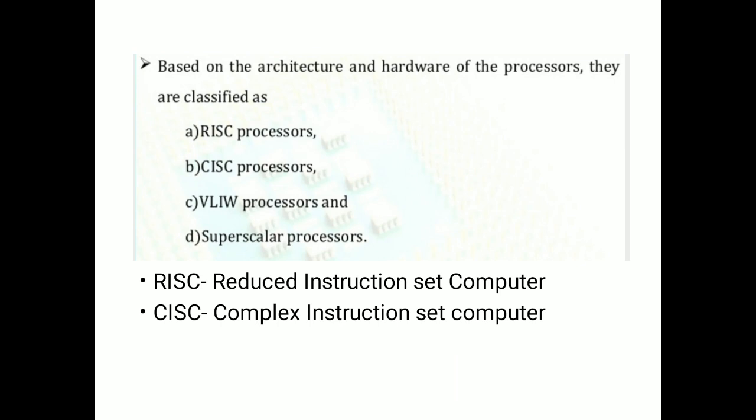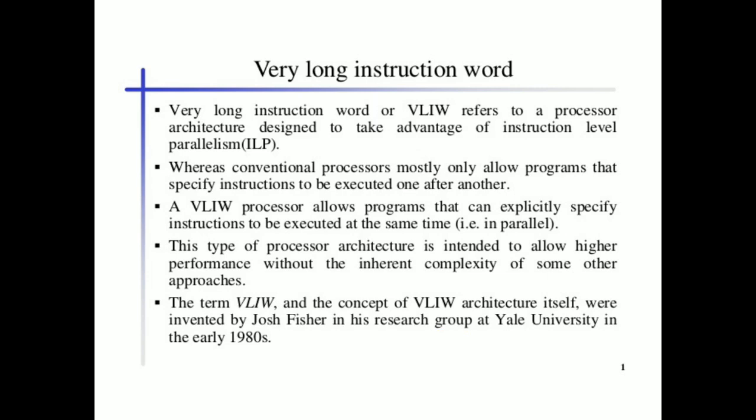So based on the architecture, I have discussed two processors, RISC processor and CISC processor. The next processor I will be discussing is the very long instruction word processor. Very long instruction word or VLIW refers to a processor architecture designed to take advantage of instruction level parallelism.